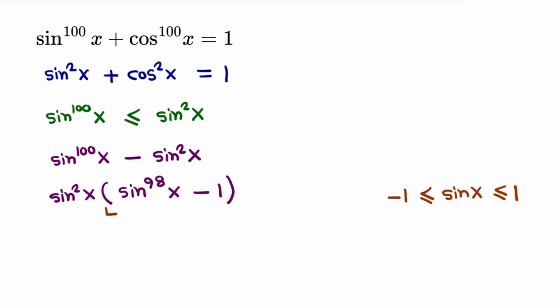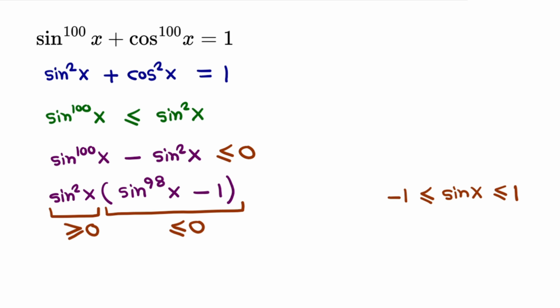So sine of x raised to the 98th power minus 1 is always less than or equal to 0. Meanwhile, sine squared of x is always greater than or equal to 0. A non-negative number multiplied by a non-positive number can never be positive. So the entire expression is less than or equal to 0.